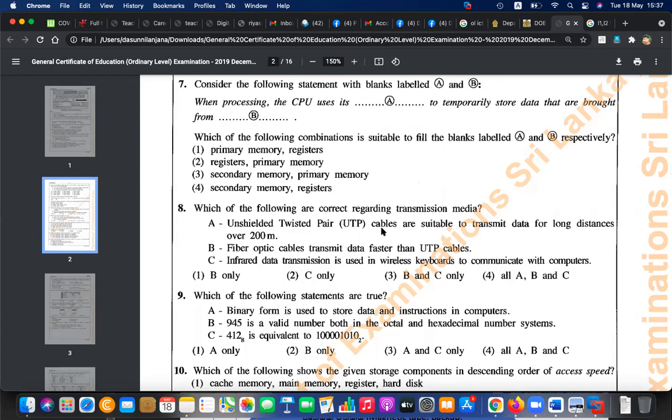Which one are you telling for the question number 8? Fourth one. Okay, which of the following are correct regarding the transmission media?